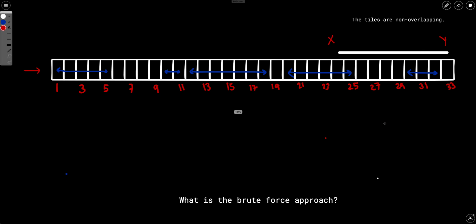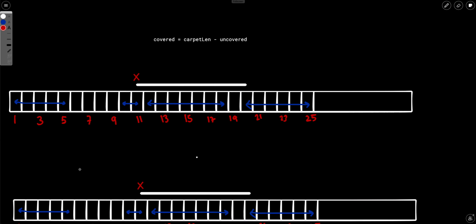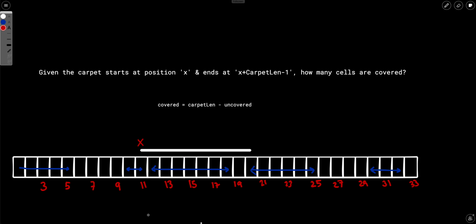So that's what remains, so let's try to answer that. Given a carpet length, and the carpet starts at position x, it basically ends at x plus carpet length minus 1. We need to find how many cells are covered by the carpet and are tiles.